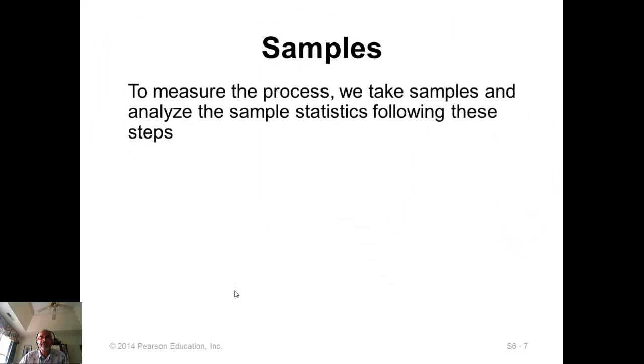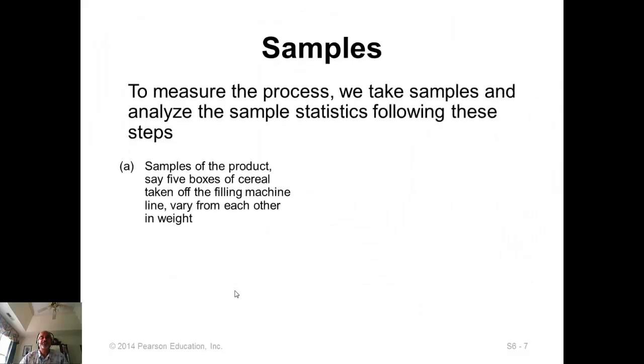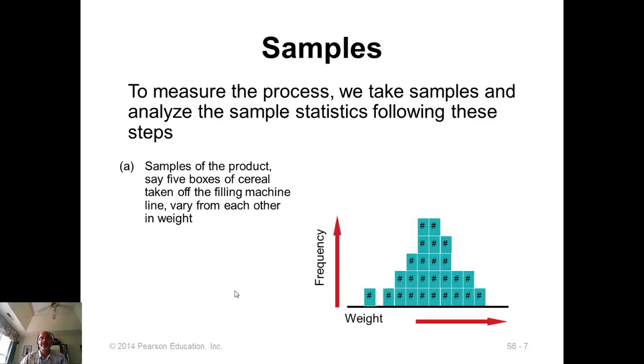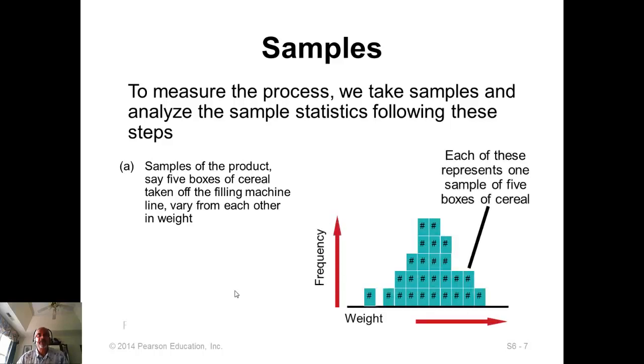Now, we do this by taking samples. To measure whether the process is in control or not, we take samples from the production process. If you're talking about cereal manufacturing, you take samples of the product from the filling machine, say 5 boxes or 6 boxes.